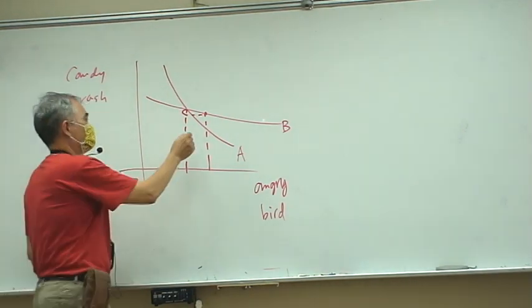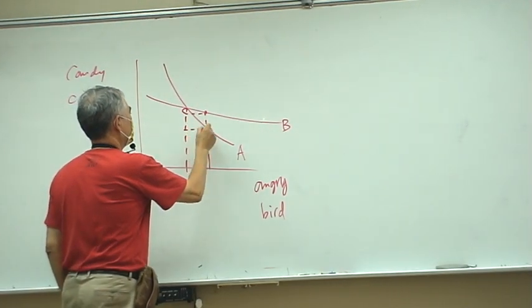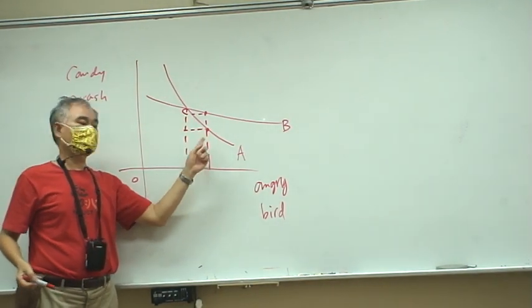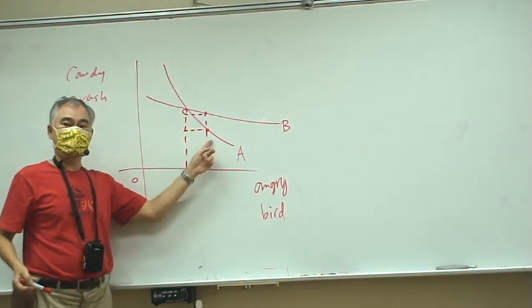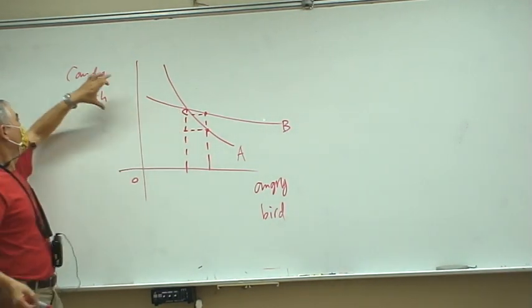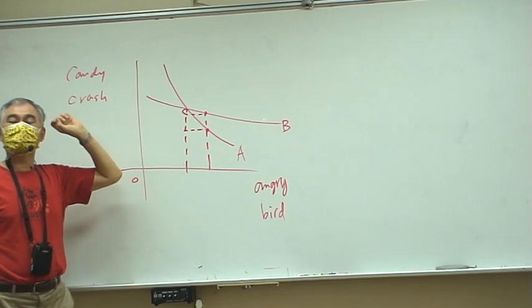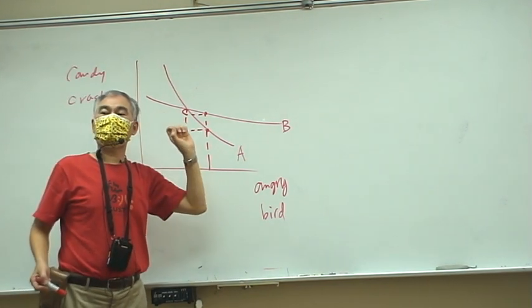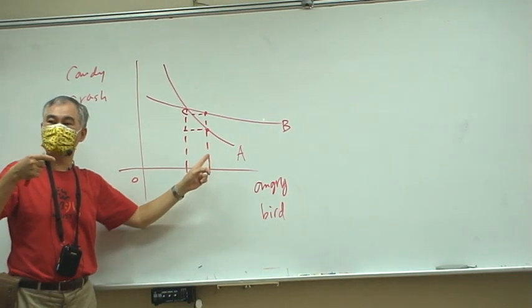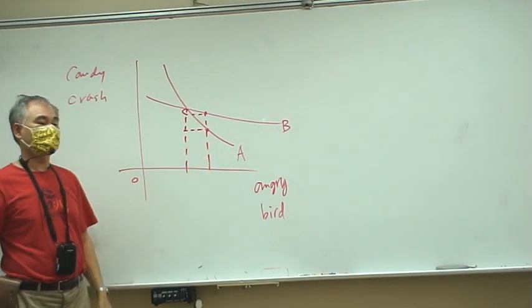But for person A, if he wants to get one more unit of Angry Bird, he has to sacrifice this much of Candy Crush. So who loves Angry Bird more? Person A, because he's willing to pay a higher price.